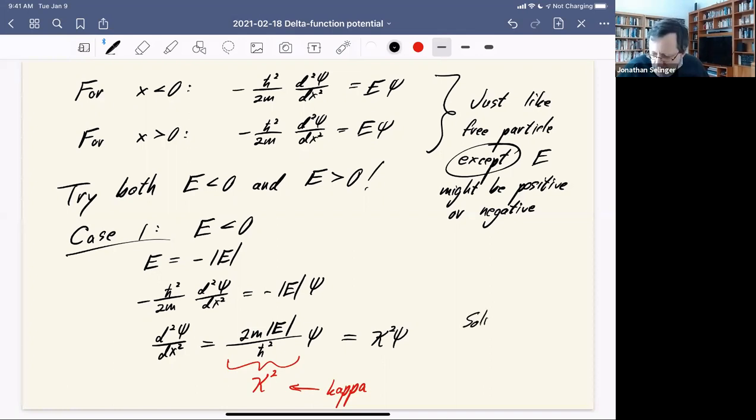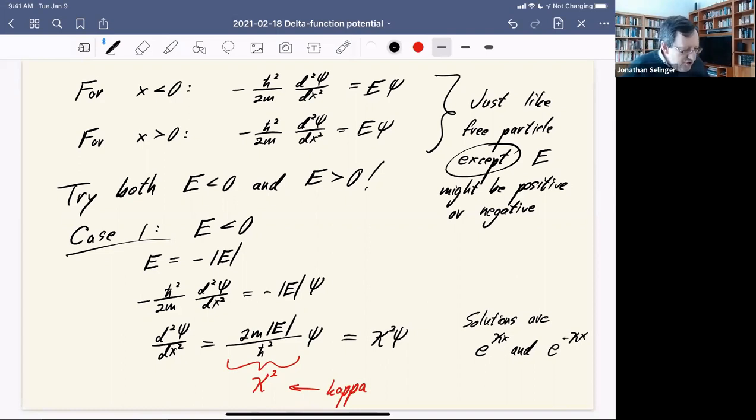Okay, so the solutions are e to the kappa x and e to the minus kappa x, right? Either of those solutions has the second derivative equal to kappa squared times the function itself, right?